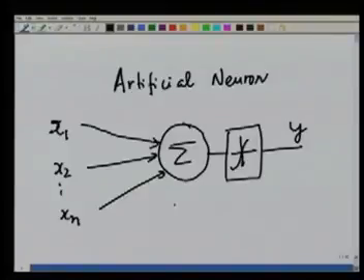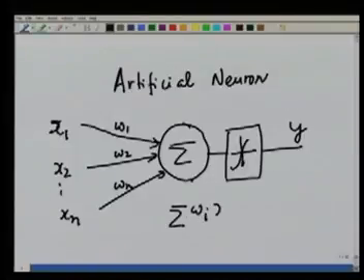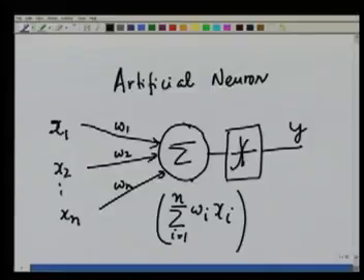As you can see here, these are weights W1, W2, Wn. Obviously, the total signal that is reaching here is summation Wi xi, i equal to 1 to n. This is your total input reaching here, and you activate this total input by a function f, and that is your output.